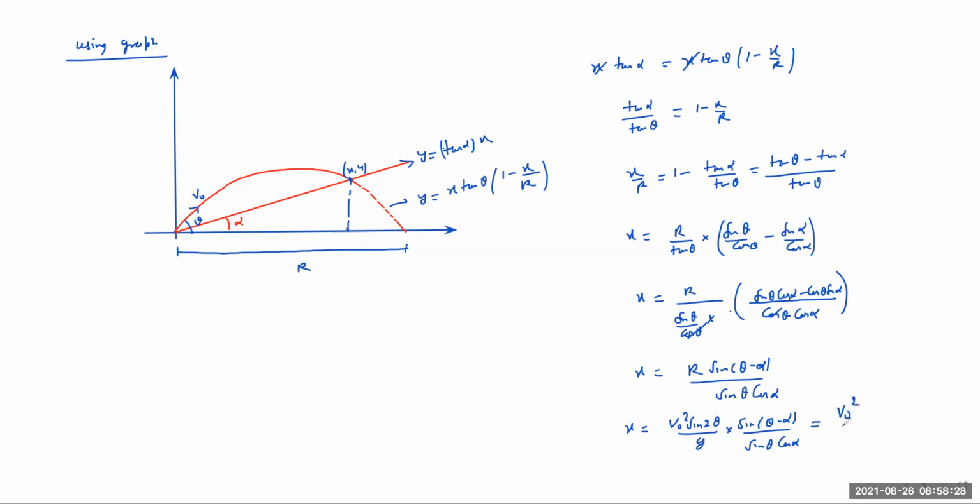So v naught square by g, and we can write sine 2 theta as 2 sine theta cos theta, which will cancel out the denominator of sine theta. What you are left with is this into 2 sine theta minus alpha into cos theta.